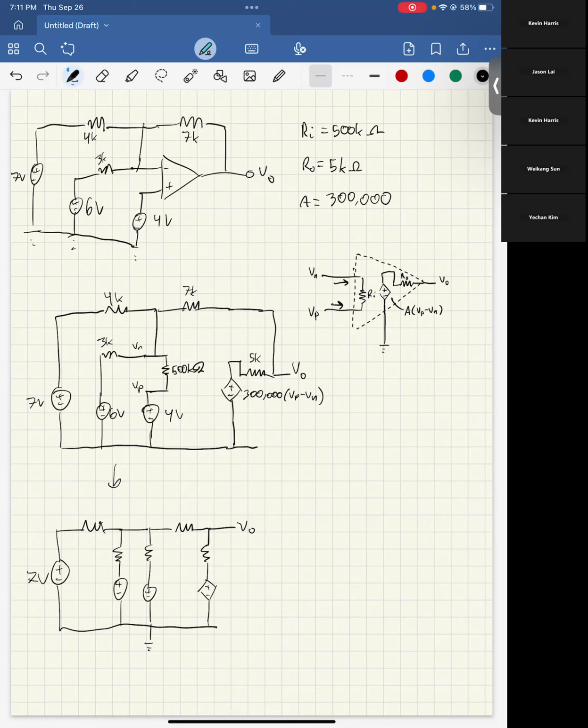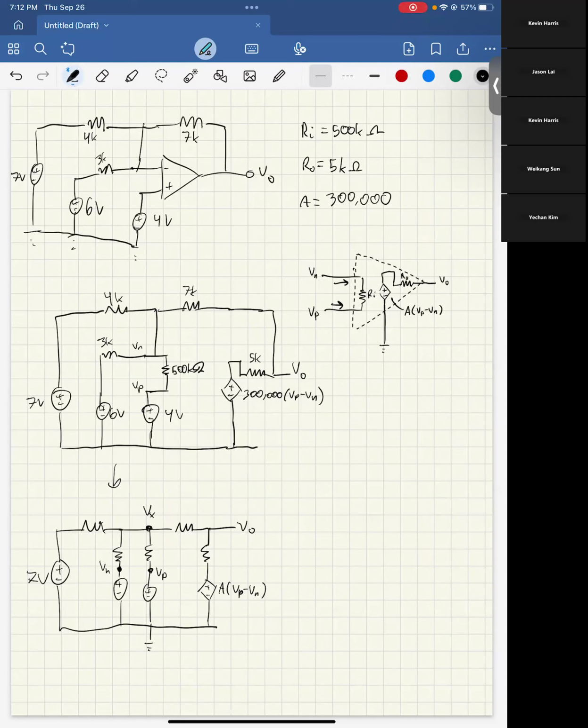The nodes that we don't exactly know, the main one is this. And then Vn and Vp from earlier are going to be here and here. We need those because this is still A times Vp minus Vn. This is our Vn. This is our Vp. So this can be Vx, I guess.